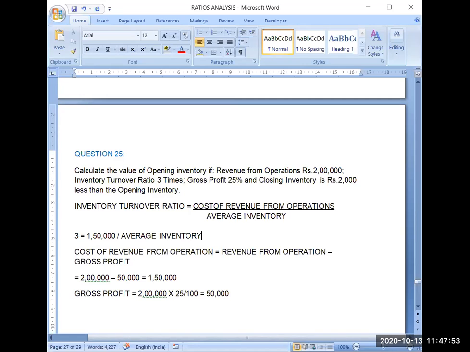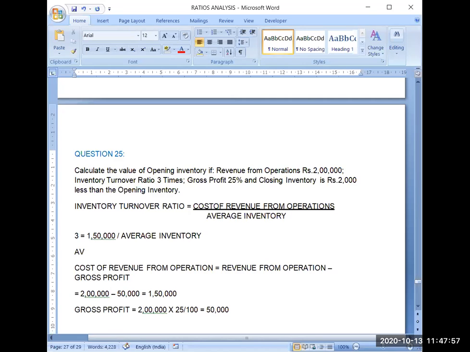So that way average inventory is equal to 1,50,000 divided by 3, it will become 50,000. So my average inventory has come 50,000.